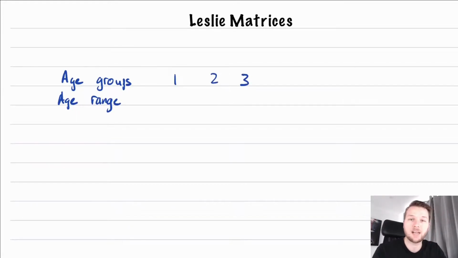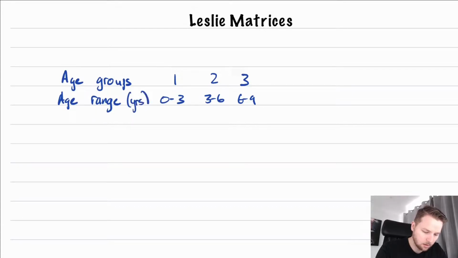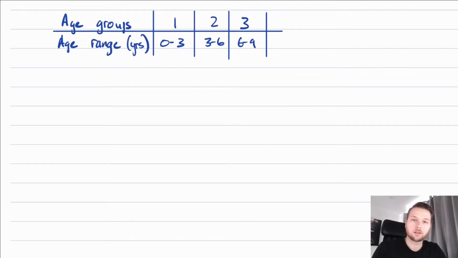We're going to say there are 3 age groups. The age range for 1 would be 0 to 3 years, and then we would go 3 to 6 years, and then 6 to 9 years. The age group is always split up evenly. And of course, this age range is in years. Okay, so we've got our age group and our age range.